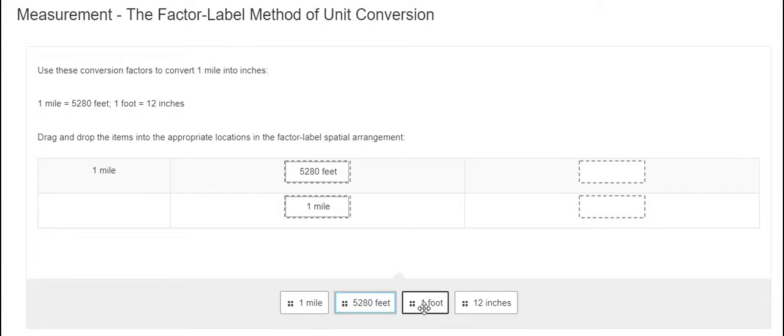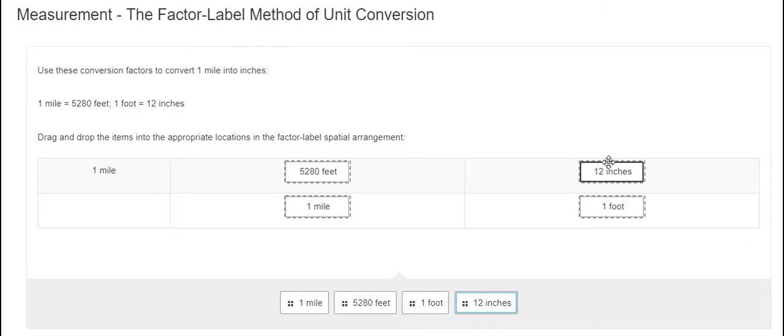Now, the other thing that we know is that in every 1 foot, there are 12 inches. And so we can cross cancel the feet that are in the numerator of this first conversion factor with the foot that's in the denominator of the second conversion factor. Those units actually cross cancel. And so now we have canceled the miles, we have canceled the feet, and we're left with inches.